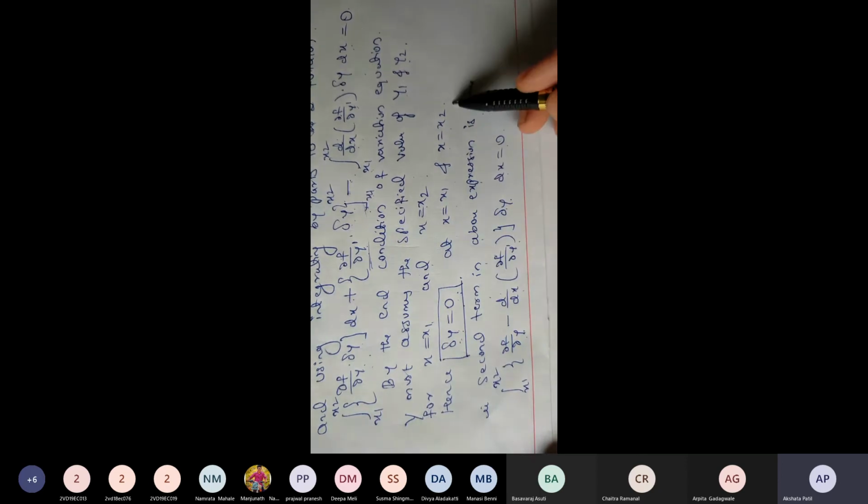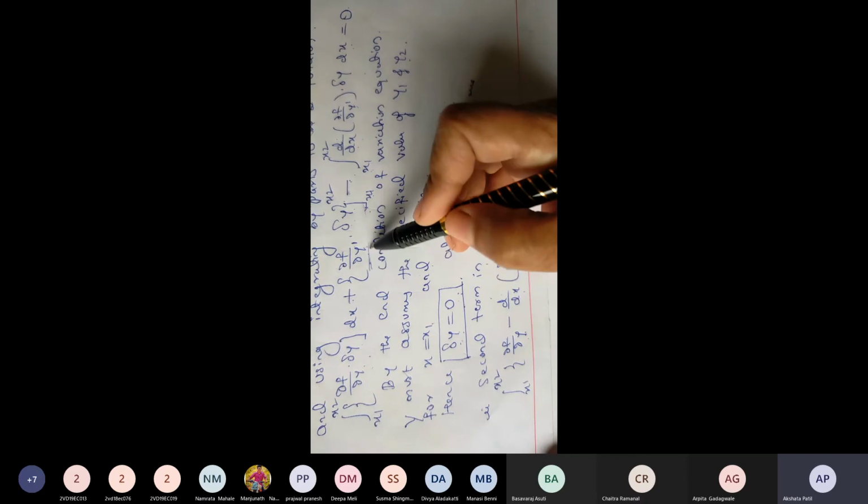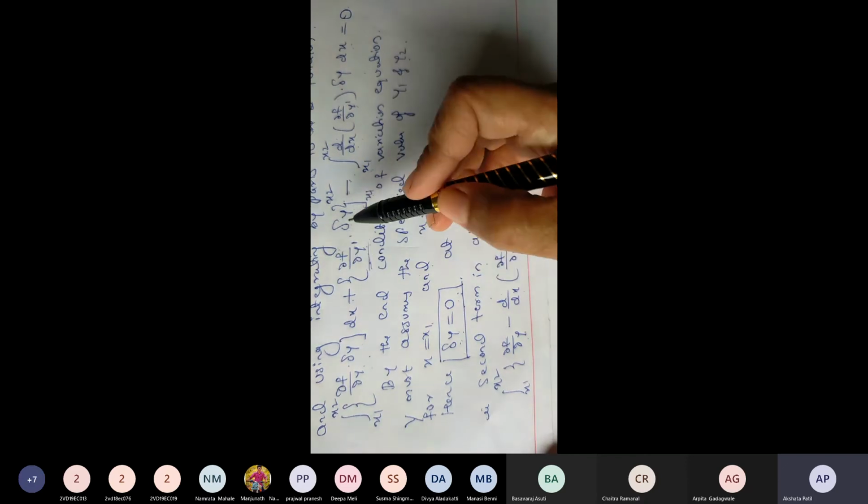That means δy equals 0 at x equals x1 and x equals x2. So we get the integration over x1 to x2 of (∂f/∂y minus d/dx of ∂f/∂y') into δy into dx, which is equal to 0.